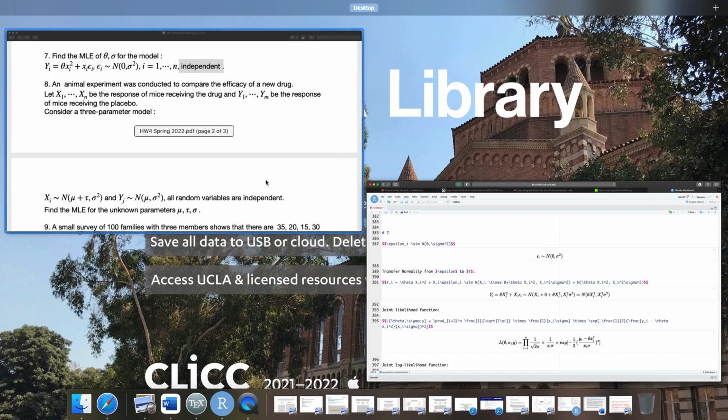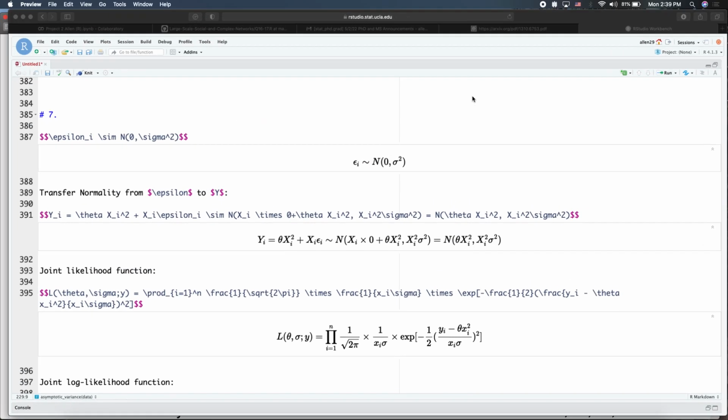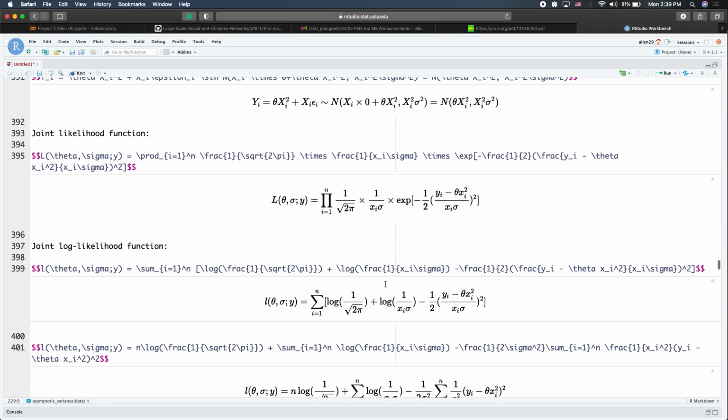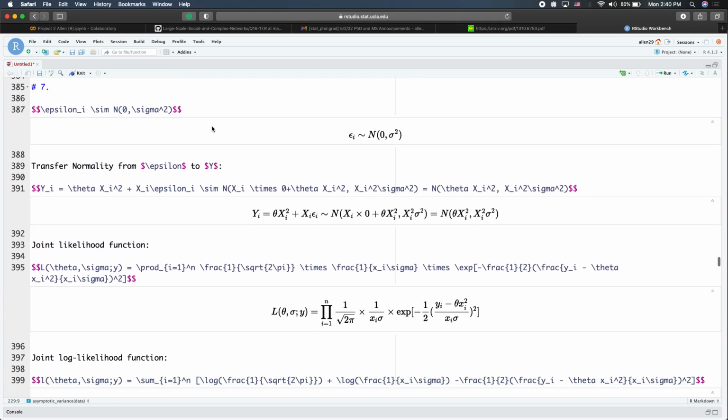Now we are trying to estimate theta and sigma. We are going to construct the likelihood function, then take the derivative, following the template. Any question up to this point? We just inherit the normal distribution from epsilon i to construct yi.